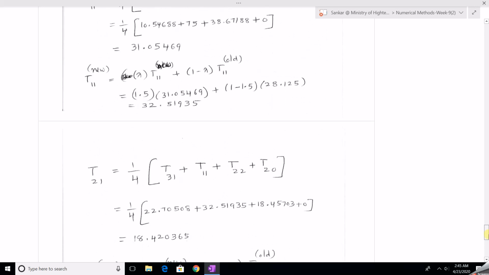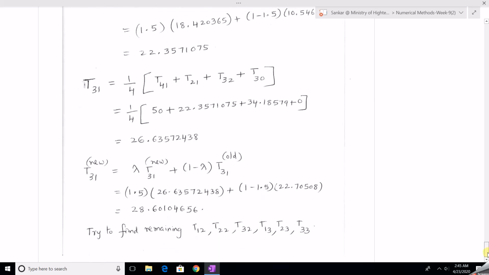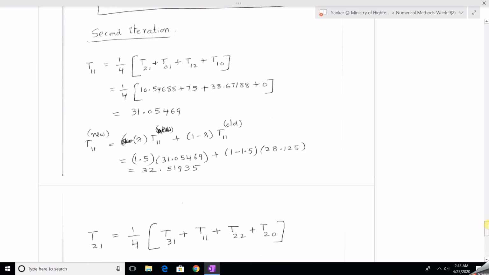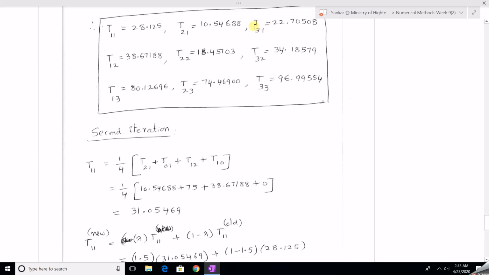So T21 in the second iteration is equal to 1/4 times T31 plus T11 plus T22 plus T20. And if we keep the values of T31 from the first iteration, this value, we keep that one.